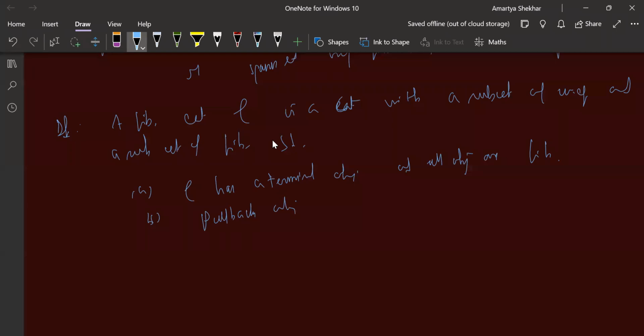Pullbacks along fibrations exist in C, and acyclic fibrations are stable under pullbacks.